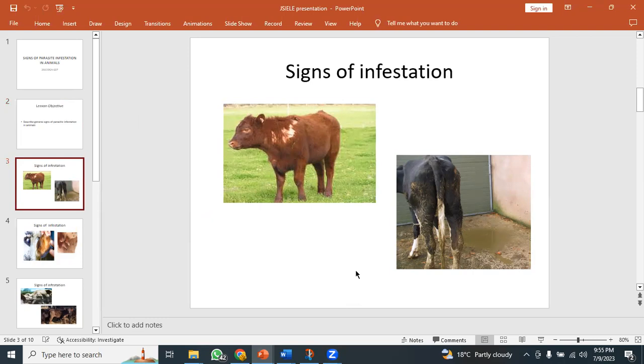So anyone? Can see diarrhea. What's the color of the animal with diarrhea? Black. All right. What else can you see? Any other person?